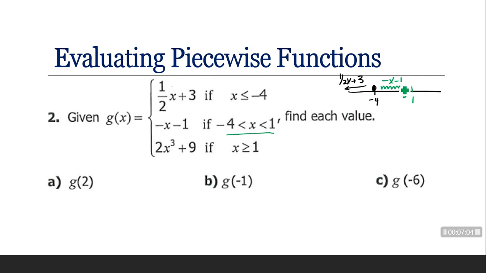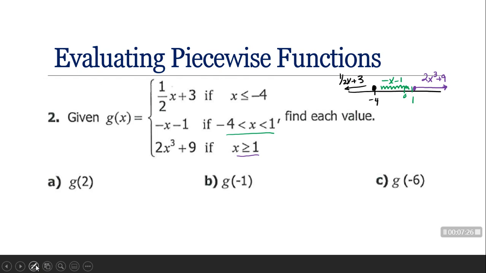It's only drawn in that little section. It has a very specific domain. And the last part of our function is 2x cubed plus 9 when x values are greater than or equal to 1. So when I'm greater than or equal to 1 going to the right, I'm going to use the function 2x cubed plus 9.